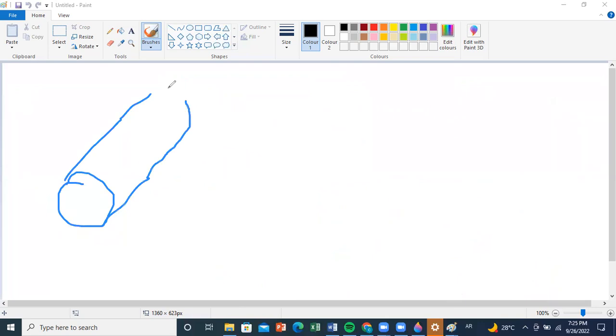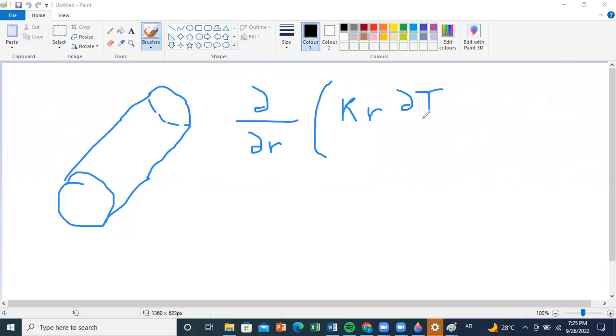I will tell you that for a cylinder, the differential equation driving variation of temperature is del by del R of K R times del T by del R is 0. So this is the only information I provide you.